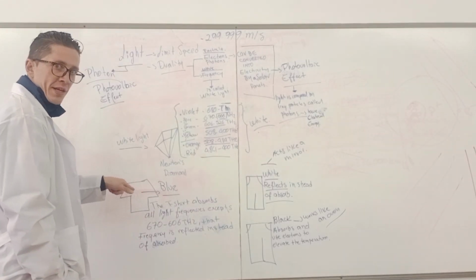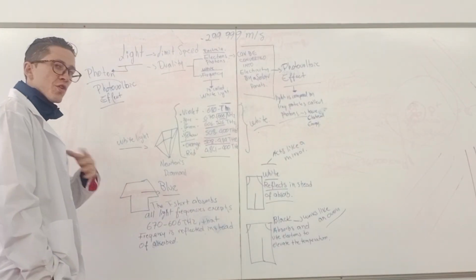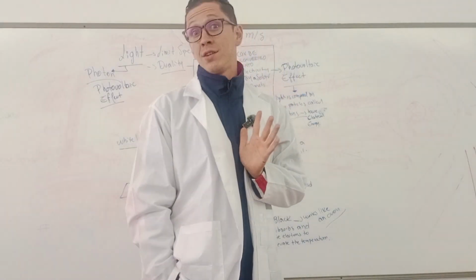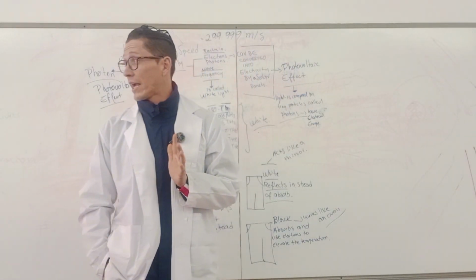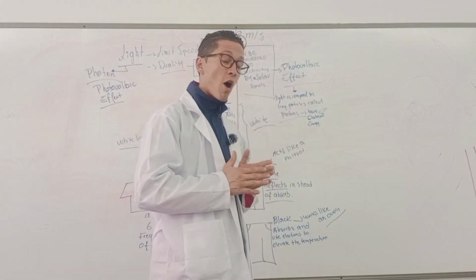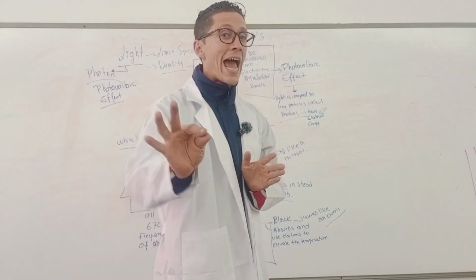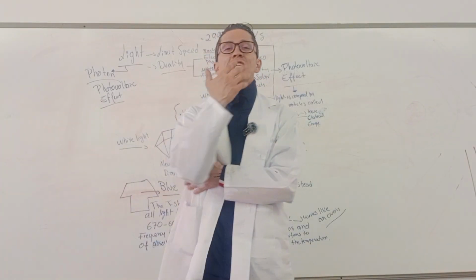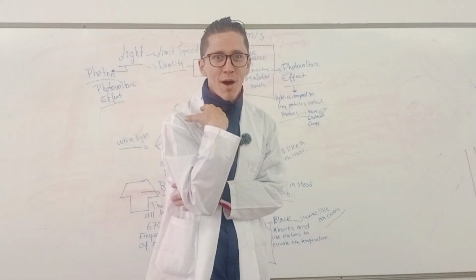The blue, in that case, if you think it's blue, the science behind this is that your tissue is absorbing all the frequencies of light except the blue. Teacher, that's not possible.